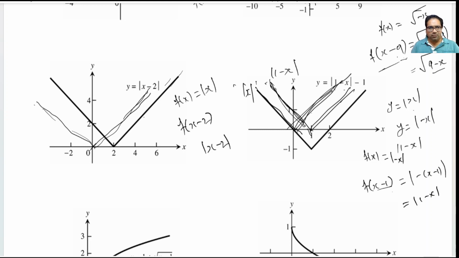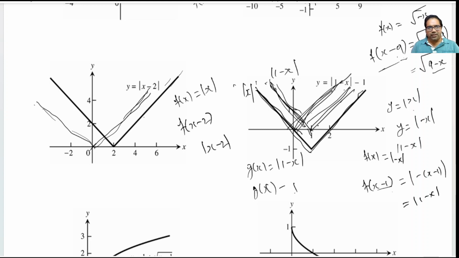Now let's say g of x is mod 1 minus x. Now what are we doing? G of x, sorry, minus 1. What does that mean? This entire graph will shift 1 unit downwards, which is a vertical shift.